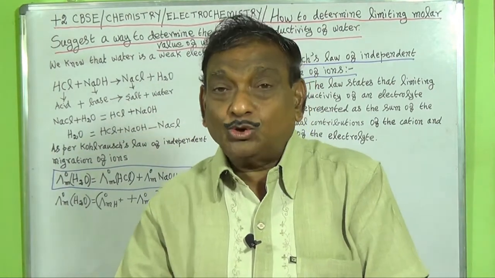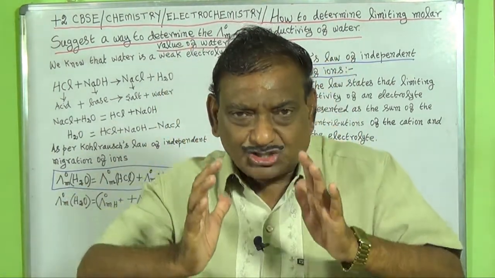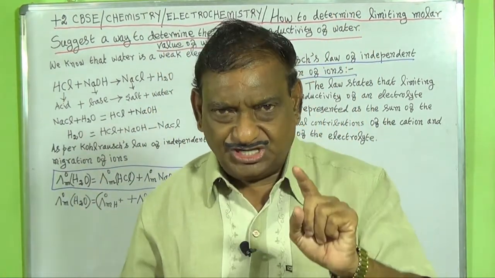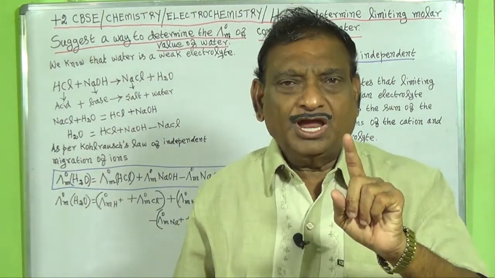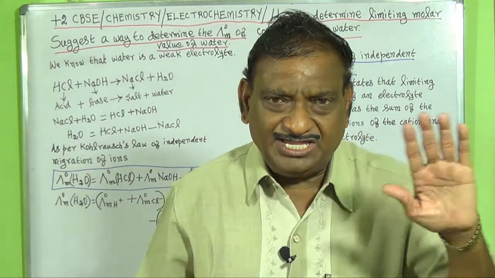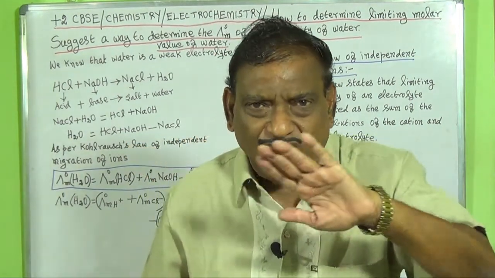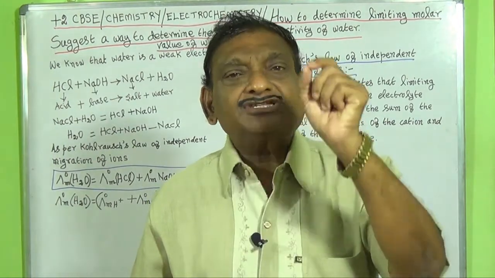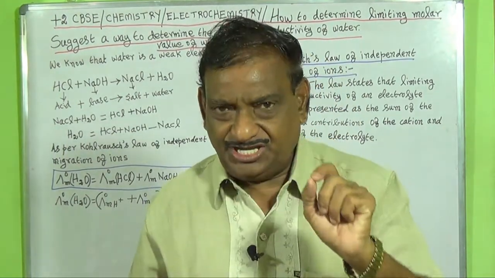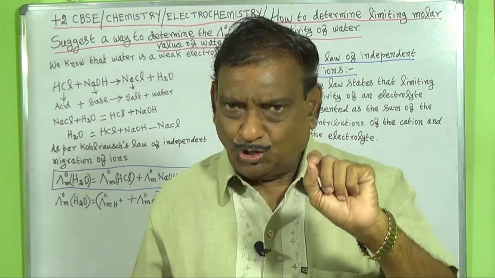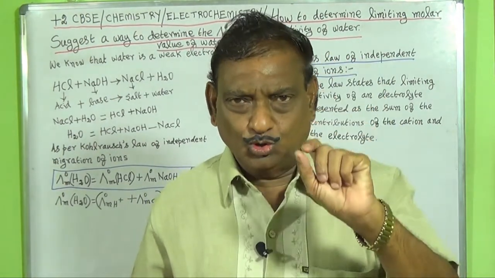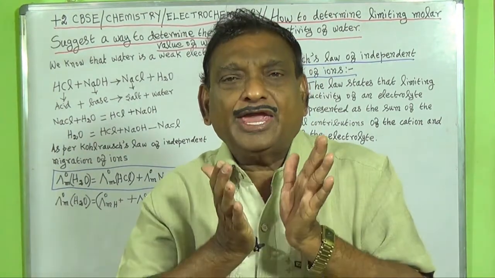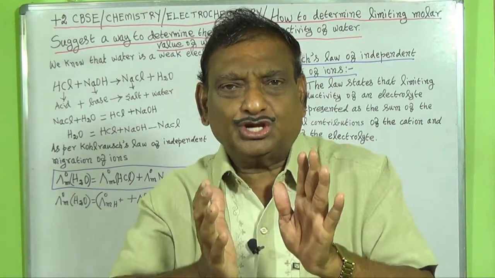What is a weak electrolyte? A weak electrolyte is also a solute, but it does not completely ionize or dissociate into its constituent ions, that is, cations and anions. It partially dissociates, partially ionizes into its constituent ions.